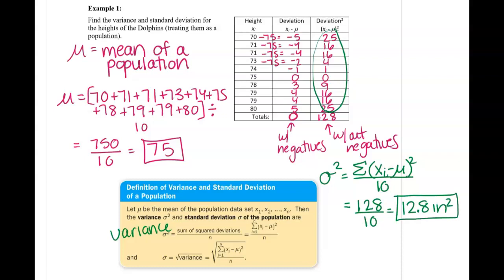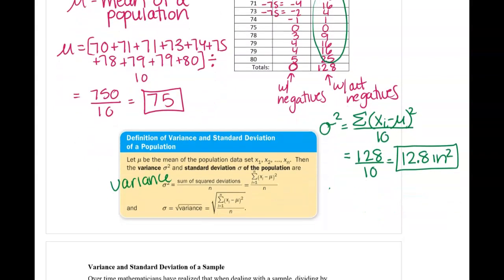So here's why the variance isn't that helpful. If you're talking about height, inches squared does not mean much, right? So to find the standard deviation, we'll take the square root of the variance, or the square root of 12.8, which is about 3.58. And when we take the square root of the inches squared, we get inches.